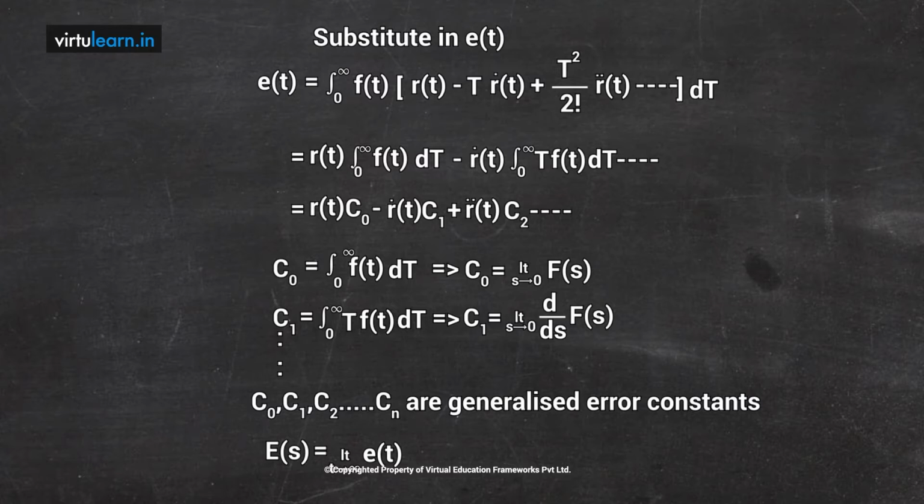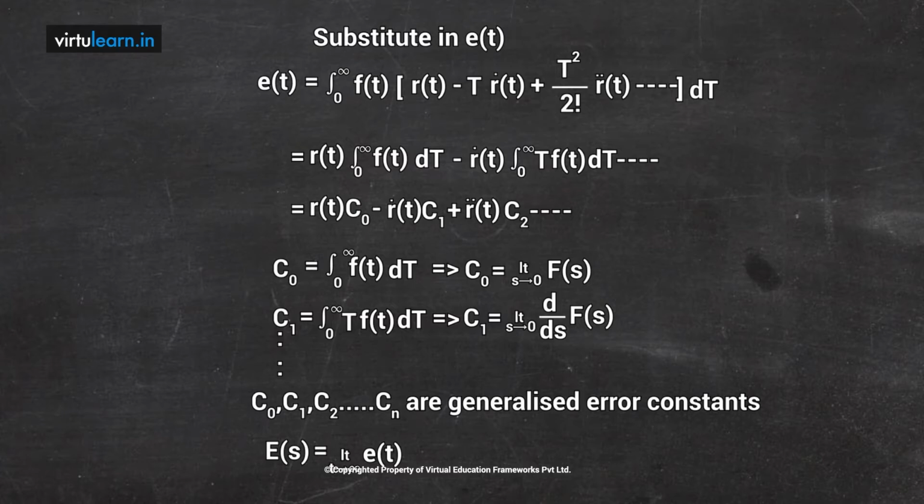Similarly you can write C2, C3 and so on. So these C0, C1, C2 up to Cn are generalized error coefficients. First calculate these coefficients and substitute them in the e(t) function, then you will get the error function in the time domain e(t). Then to find the steady state error, you can write the equation as e_ss is equal to the limit t tends to infinity of e(t).